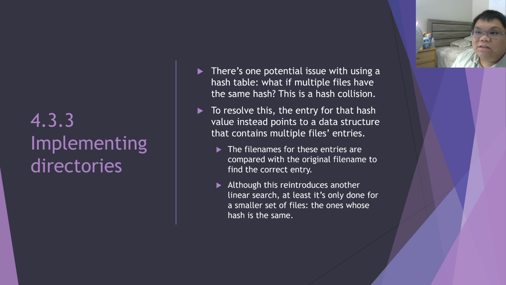So if you have a hash collision, you search in the hash table for the address to that list. And then in the list, you compare each entry one by one to find the correct file. We've basically reintroduced linear search here, but at least it's done on a smaller set of files, the ones whose hashes are the same.